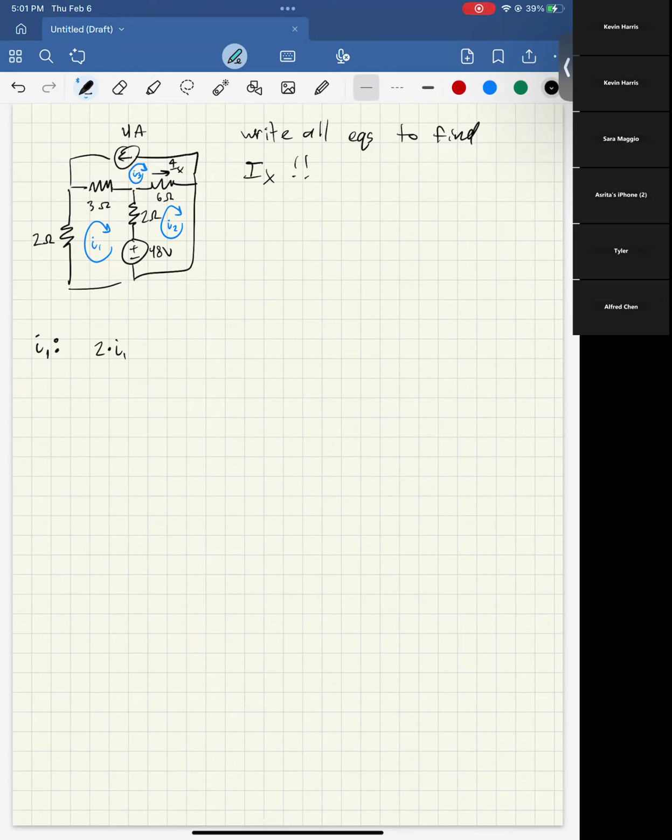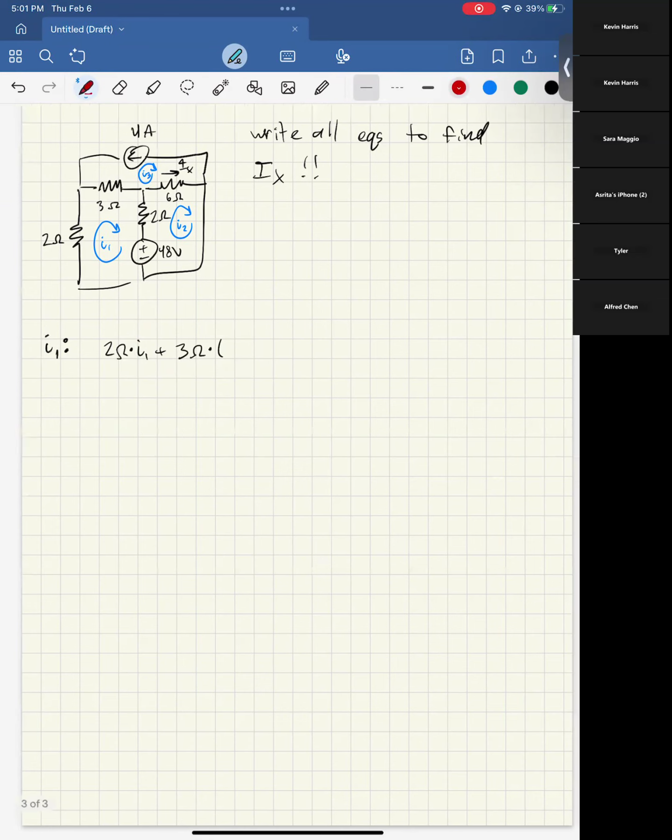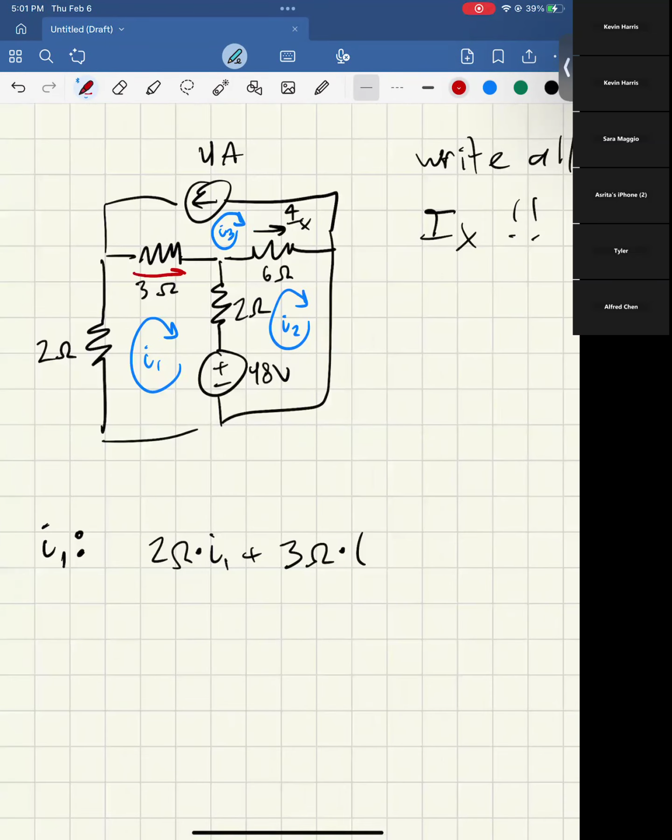Anyway, continuing with this question. So we did that 2 ohm, and now we're going to do the 3 ohm on top of the I1 mesh. So we got that 3. I'll write units. It'll make it look a bit nicer. So 3 ohms, and then that's going to be times, as we said earlier, we have the I1 going that way, and we have I3 going that way.